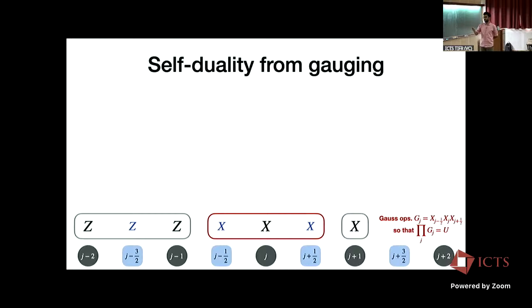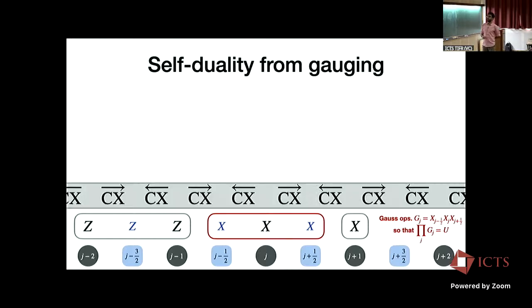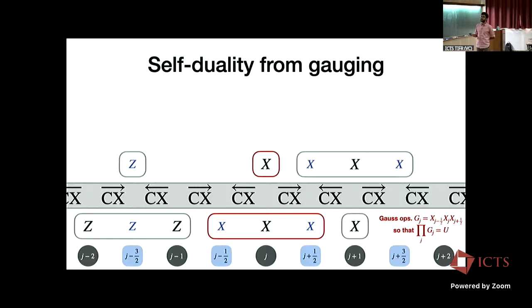So you modify your Z_j Z_{j+1} type term to have a Pauli Z acting on the intermediate link. And then you do some unitary transformation, which is a bunch of control X's, which makes the Gauss operator local. So this is the Gauss operator in red. It becomes just a single site X, but it modifies the Hamiltonian terms.